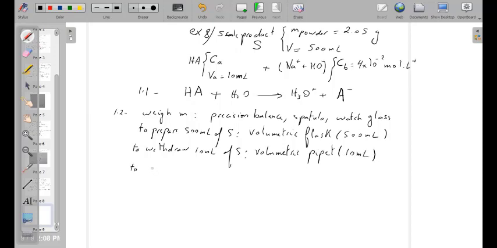To add the NaOH solution, a graduated burette of grade 0.5 or 50 milliliters. If the volume at equivalence is less than 0.5 milliliters, it is preferred to use the graduated burette of 0.5 milliliters. If the volume at equivalence is bigger than 0.5 milliliters, we should use a graduated burette of 50 milliliters.